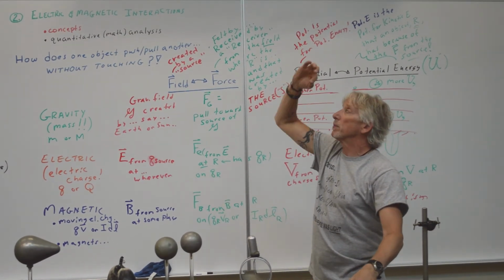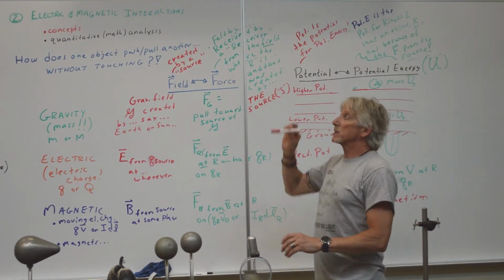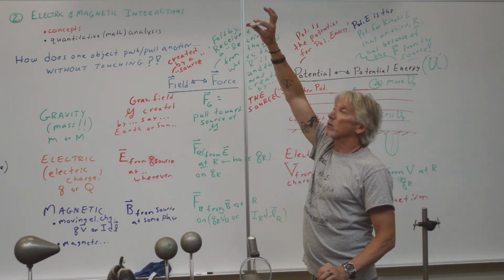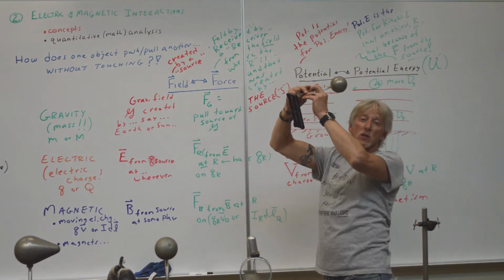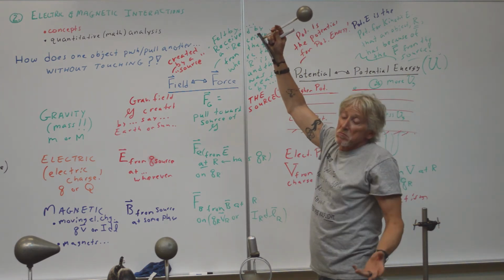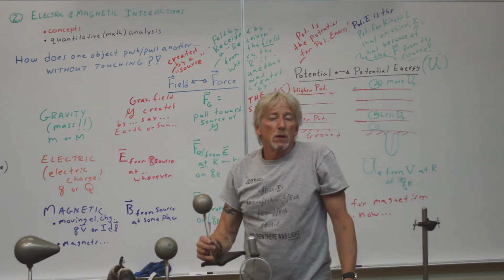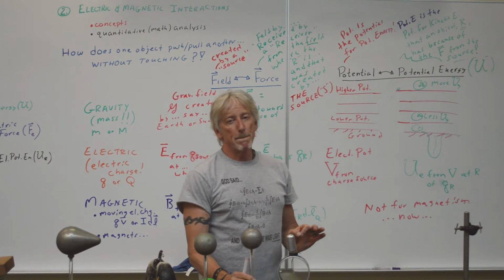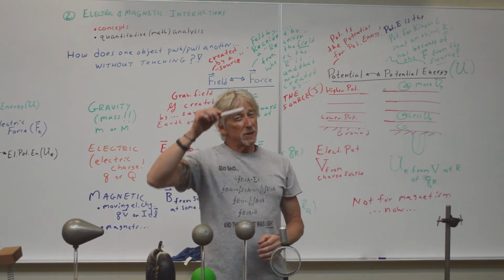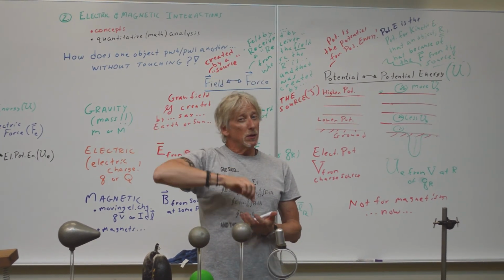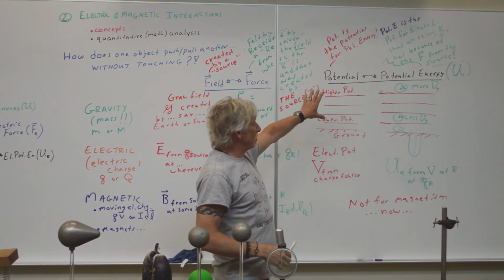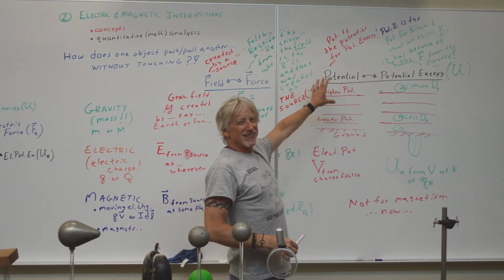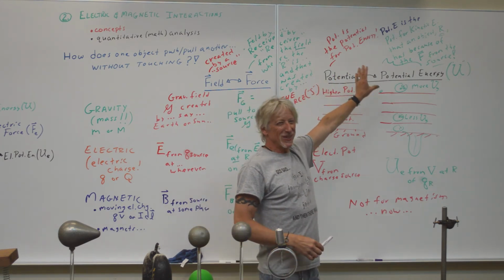I've got gravitational potential everywhere. When I put something there, it's got gravitational potential energy. If I put something more there, it's got more gravitational potential energy, right? That's it. Potential energy is the potential for kinetic energy. More. Potential is the potential for potential energy.